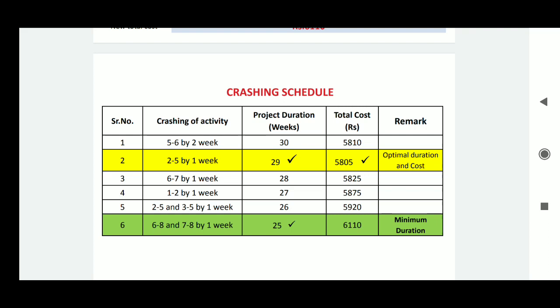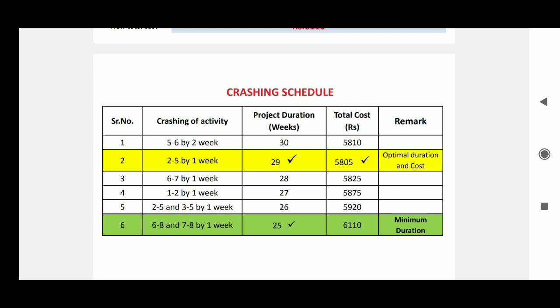Okay, so here our question is what is the optimal duration of the project and optimal cost, then we will select the answer row number 2, that our optimal duration is 29 weeks and optimal cost is 5820.